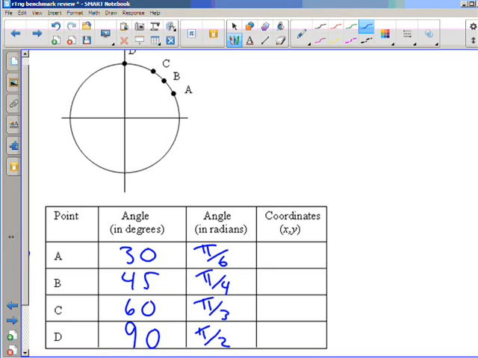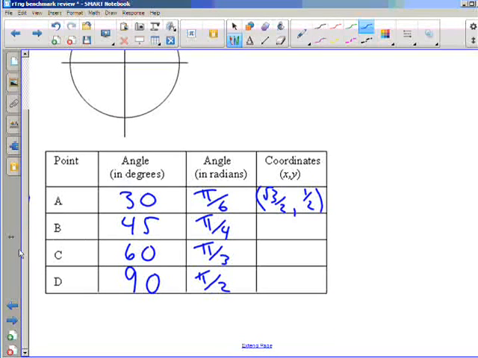Our coordinates, in this quadrant, are all positive. The point A would be root 3 over 2 comma 1/2 on the unit circle. Again, that makes the hypotenuse 1. Then root 2 over 2, root 2 over 2.